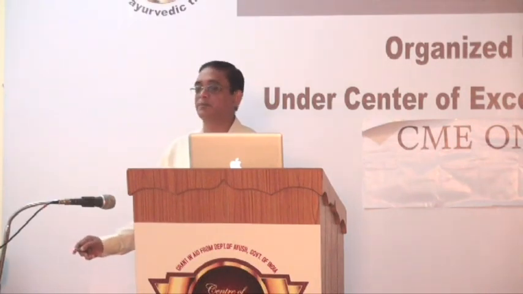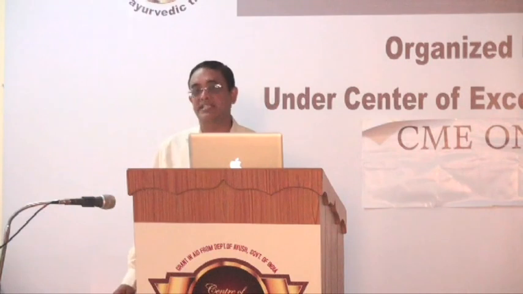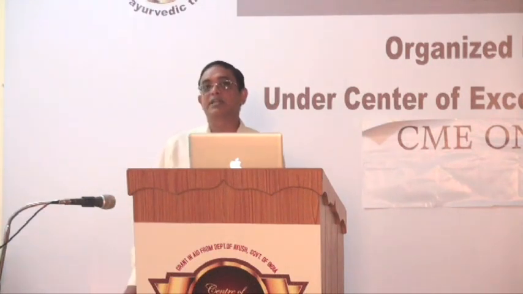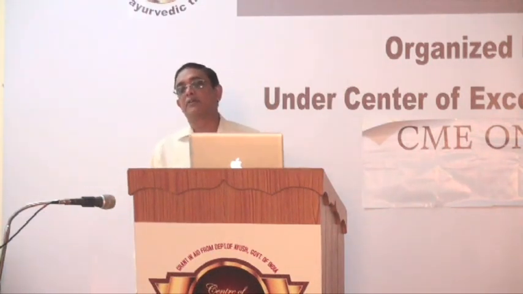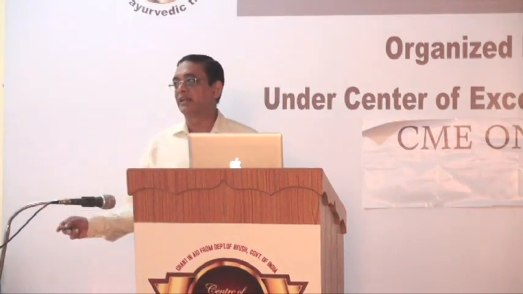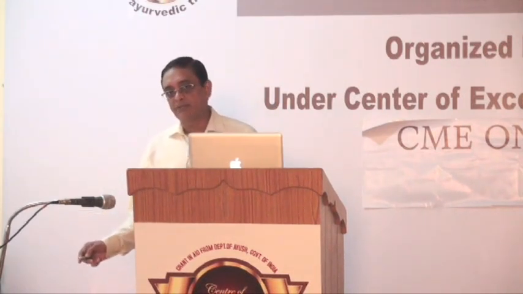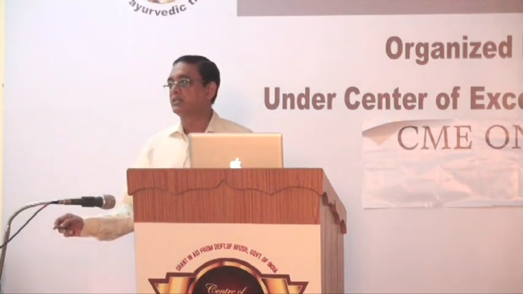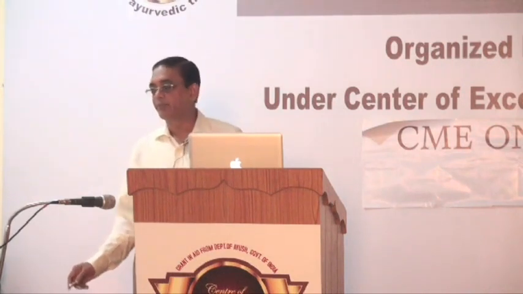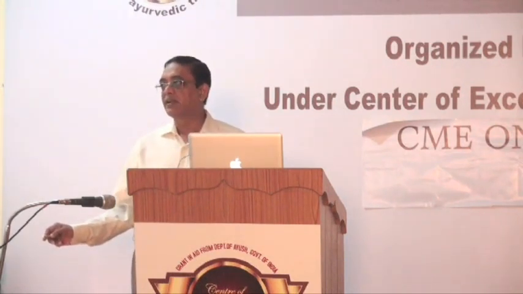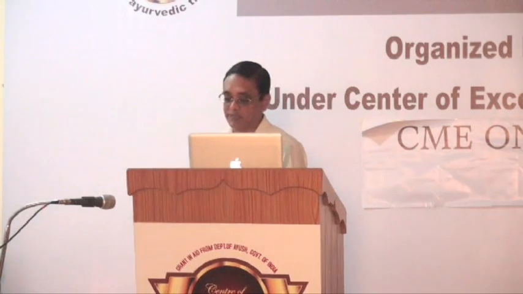For example, even if it is pressing at C2 or C3 or C6, the symptoms are not manifested in the area of distribution of that particular vertebra. The symptoms will manifest in the lower part of the body because the spinal cord at this point contains the fibers which are emerging much lower. Whereas if the bulge is lateral, it compresses the specific spinal nerve which is emerging between these two vertebrae, and at that point it produces symptoms pertaining to that particular nerve, and that particular situation is called cervical radiculopathy.